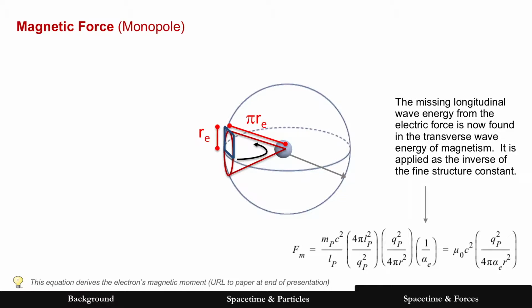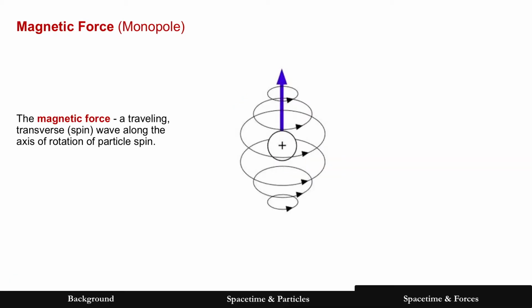Now this equation that you see there in the far right is not a typical one because monopoles don't really exist in nature, but that was derived to be the electron's magnetic moment known as the Bohr magneton, and there will be a URL at the end of the presentation to see how. And so this would be what the magnetic force is, a traveling transverse wave.